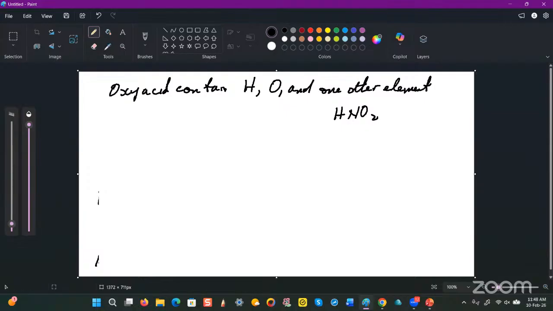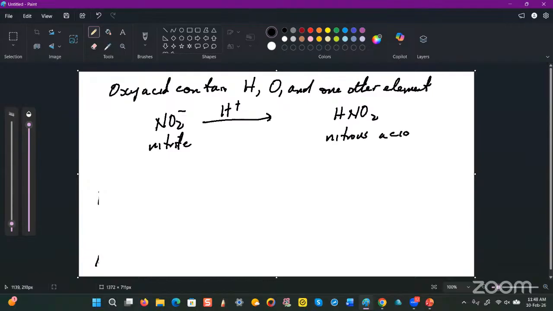These anions can be found in the table that I've given you before, right? So in the case of NO2 minus, this is called the nitrite ion. To go from the nitrite ion to the corresponding acid, you add an H plus. When you add H plus to this, you get this acid. The name of this acid would be nitrous acid.